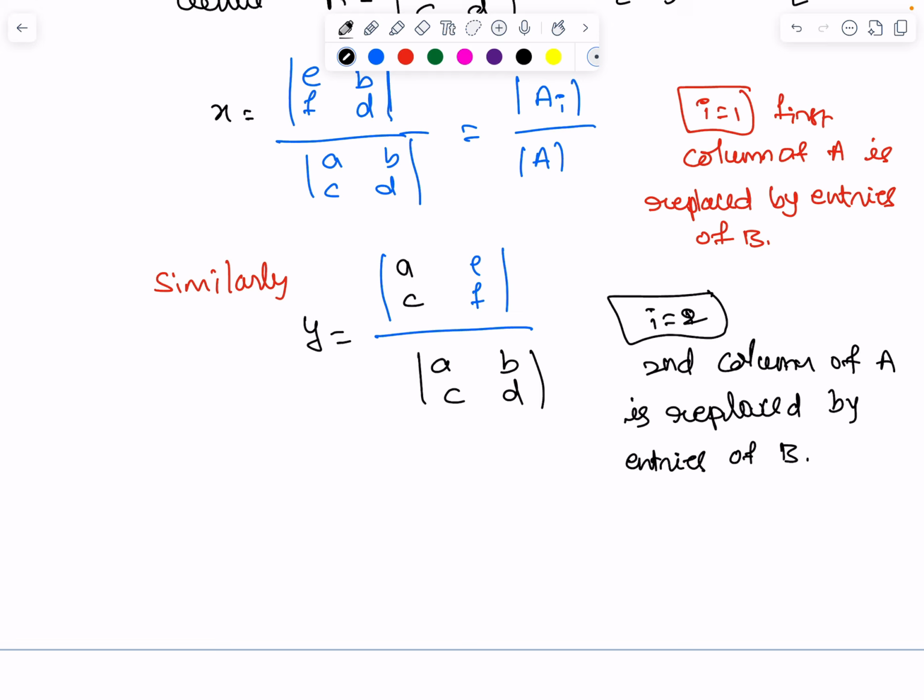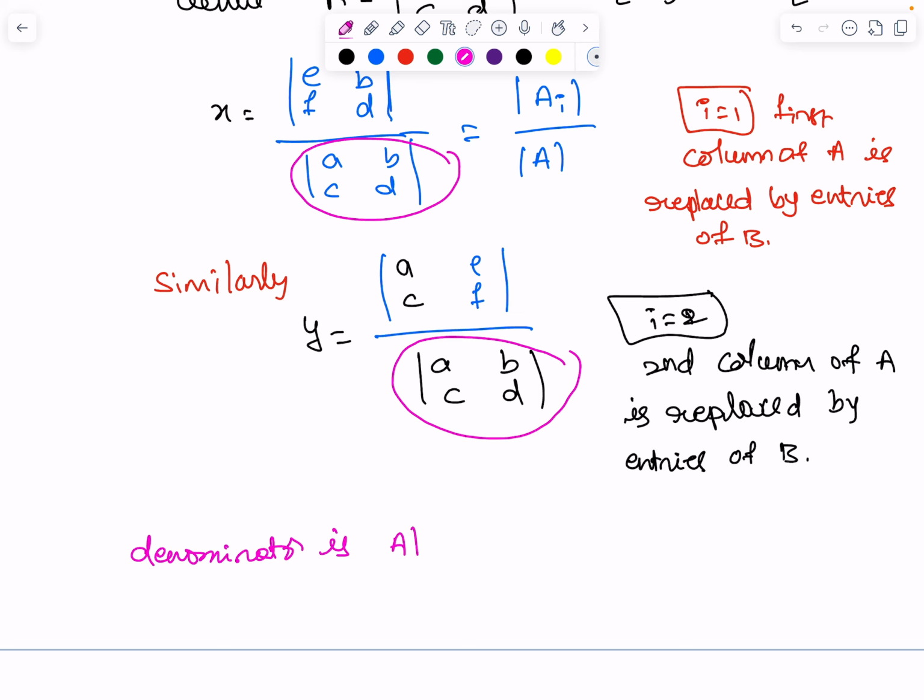If you notice, in all these places the determinant of A is unchanged. So the denominator is determinant of A, fixed all the time.